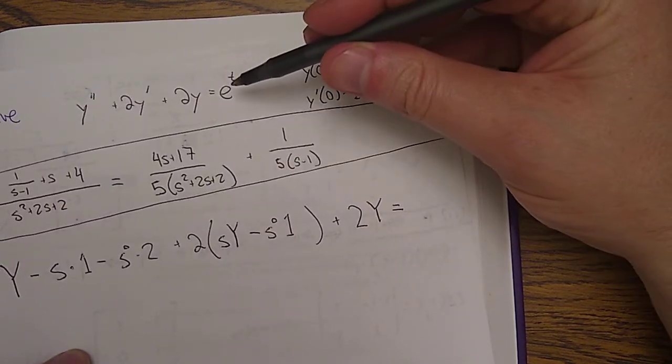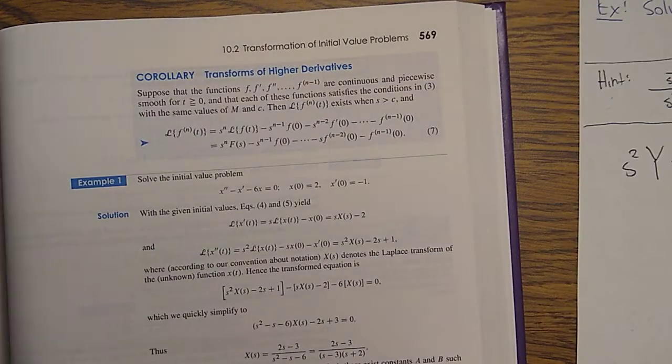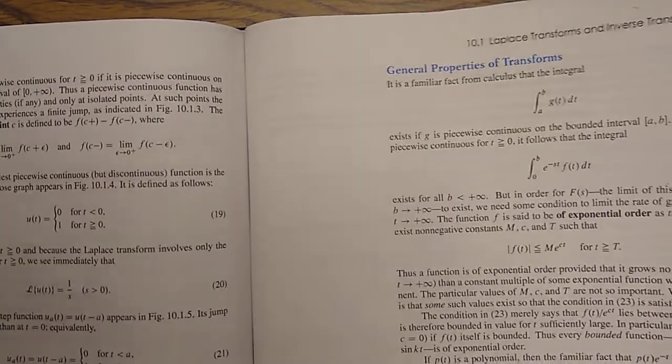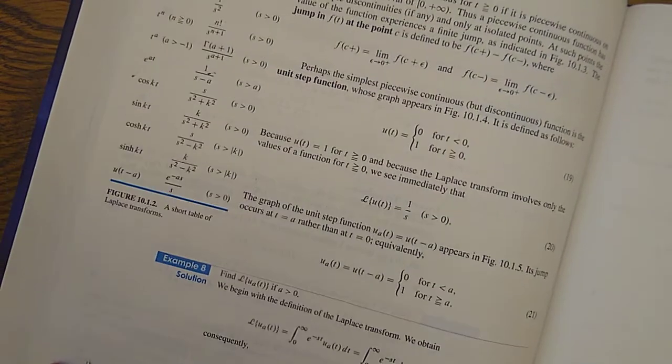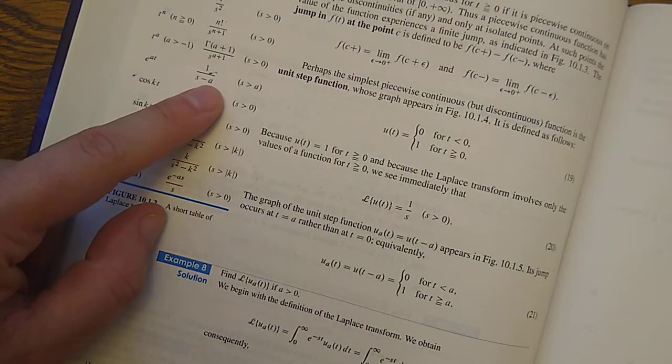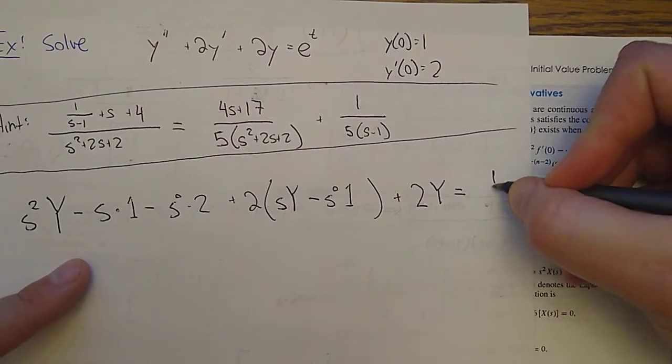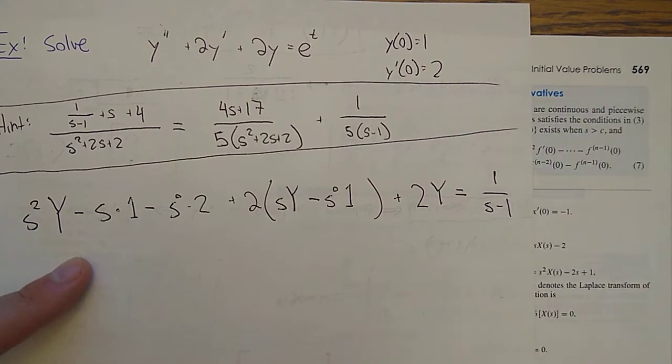equals, okay, what's the Laplace transform of e to the t? Well, we have our table. Our Laplace transform of e to the at is 1 over s minus a. So this is 1 over s minus 1.